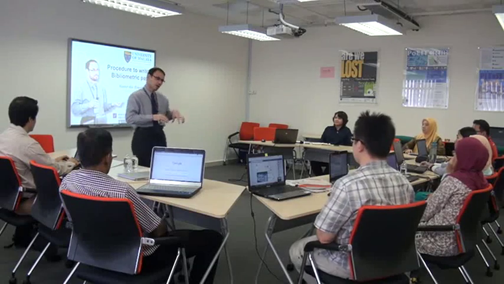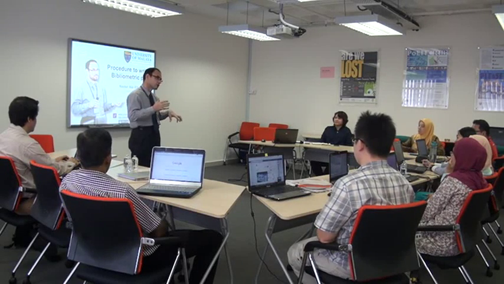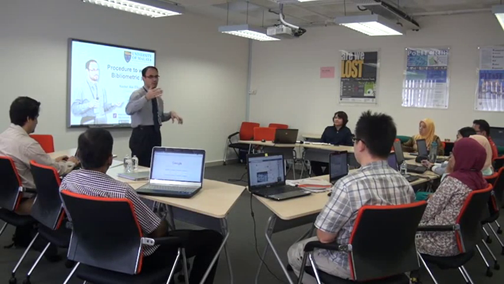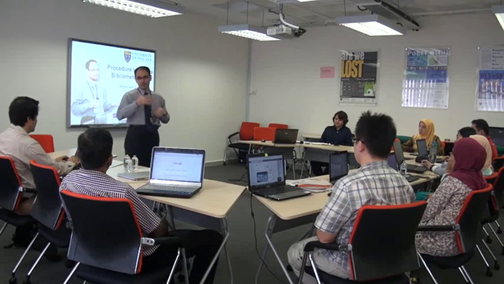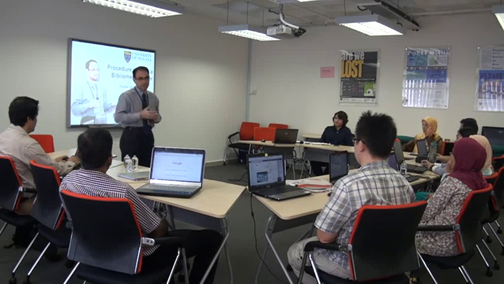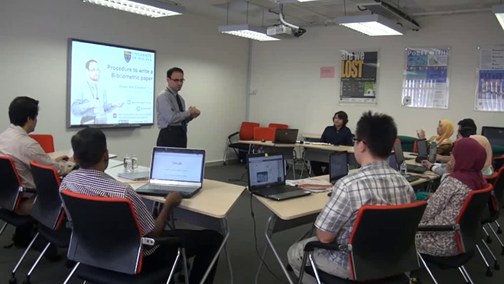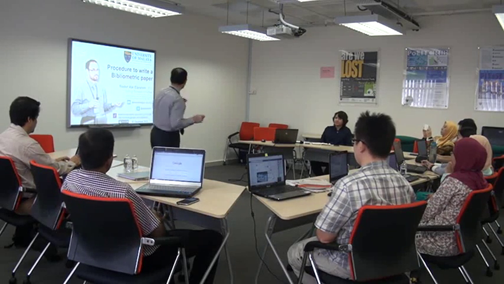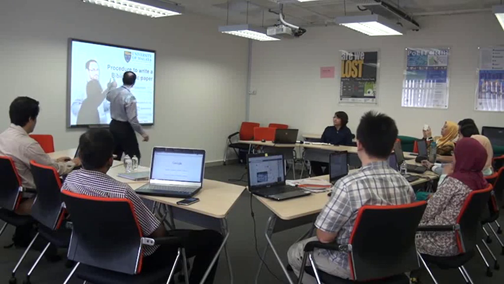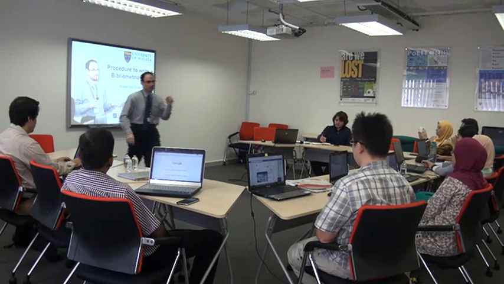Today's objective is to know that in every step of your research, you are able to publish. One step is before doing your literature review. Before reading anything, you can write a paper based on bibliometrics.